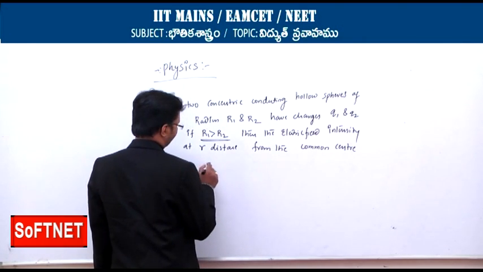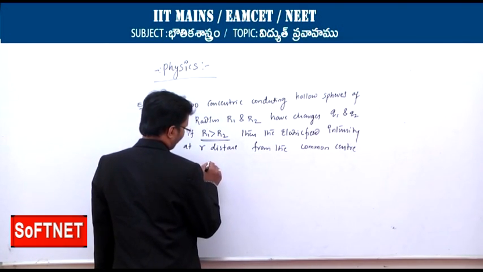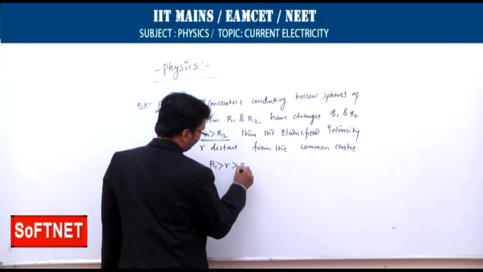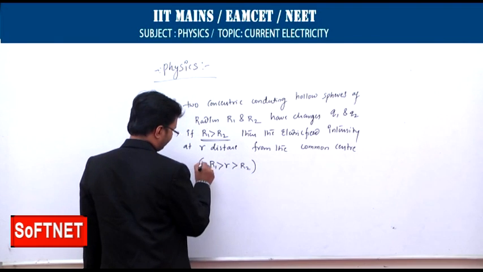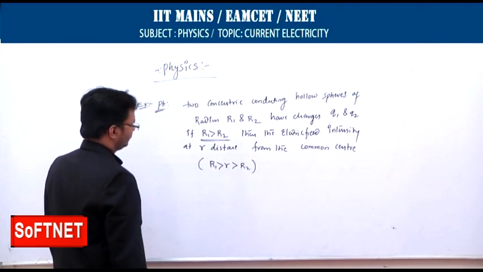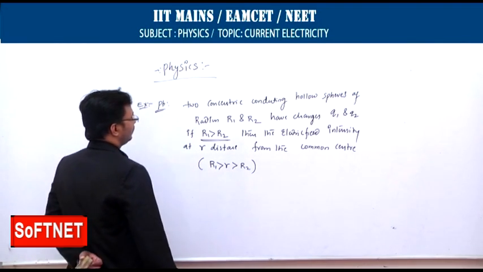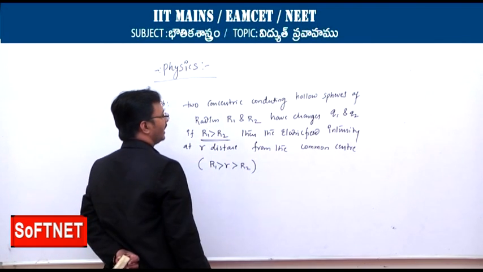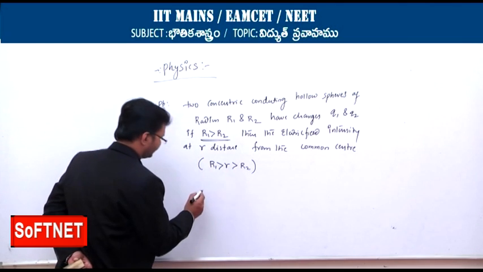Again, the case is given as smaller than R2. So, two concentric conducting hollow spheres of radius R1 and R2 have charges Q1 and Q2.